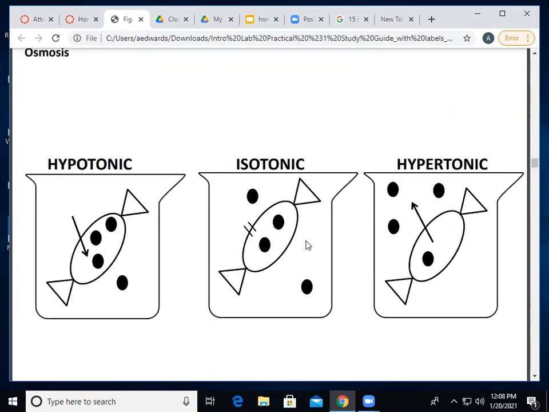So the concentration outside the bag in the solution is lower than the concentration inside the bag. It's a lower concentration, hypotonic solution.